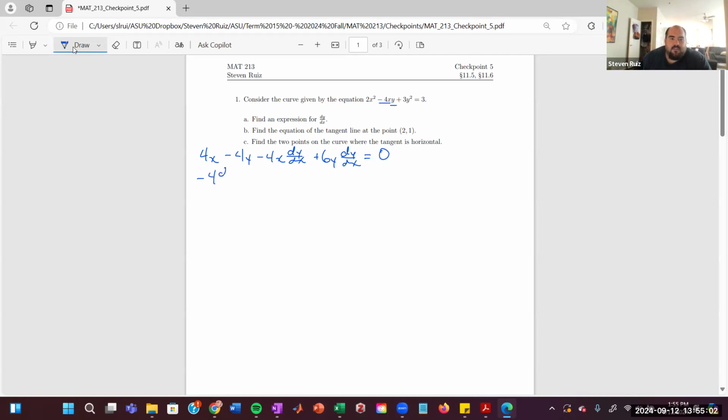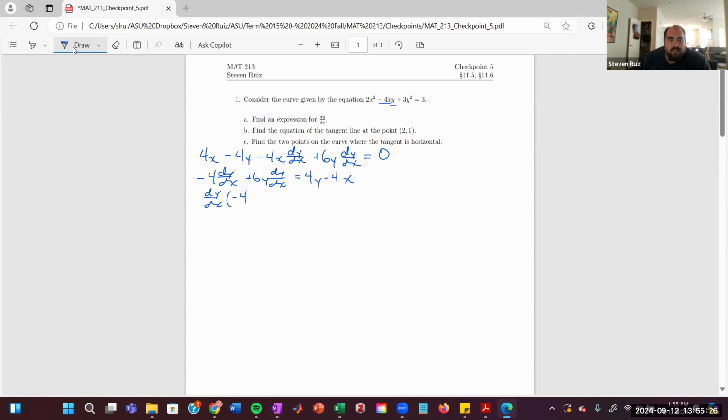Negative 4 dy dx plus 6y dy dx equals, and then I'll move the other terms over, 4y minus 4x. Now I can factor out a dy dx from everything on the left-hand side. Everything on the left-hand side has a dy dx.